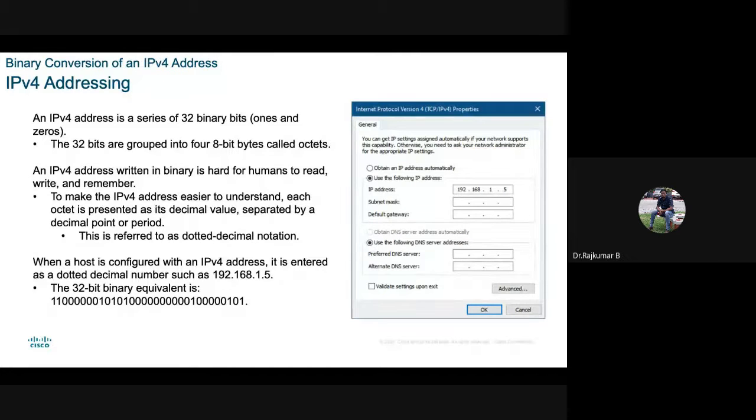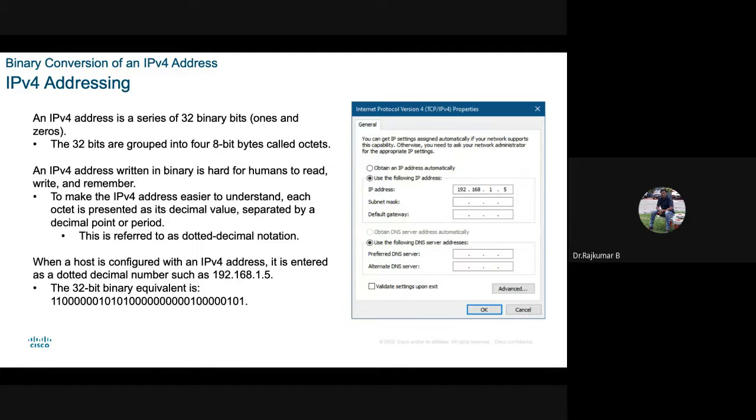To make it easier to understand, each octet is represented as its decimal value, separated by a decimal point or period. This is referred to as dotted decimal notation.